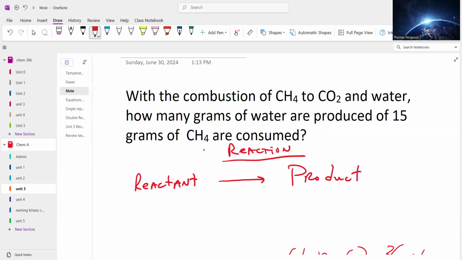A reaction is taking something and changing it. The fancy name for what we start with is called reactant. The fancy name for what we end up with is called product. So we have to look at this paragraph and figure out what are the reactants.